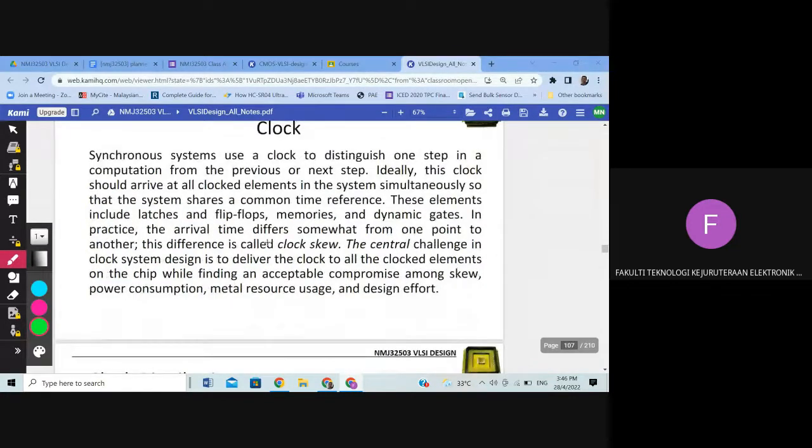Take your time to read this. If you have any other question, you can ask or use the chat box.